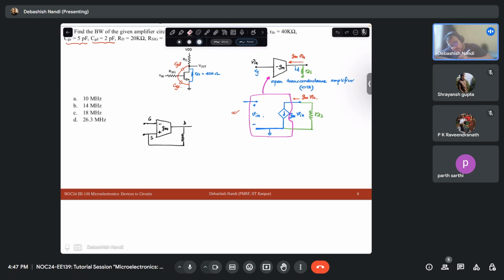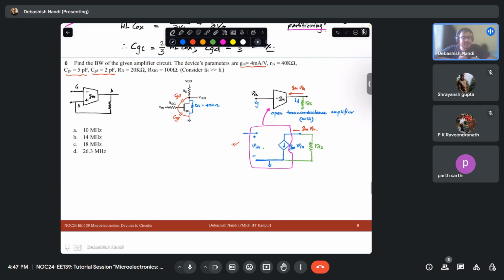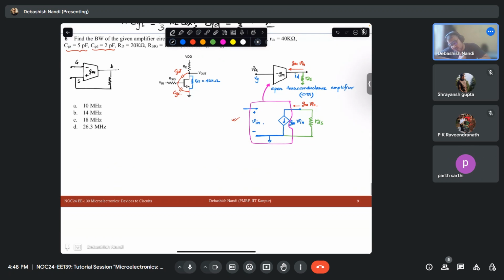Wait, just let me keep it for the record. So this is the symbol which we are going to use for our convenience. You will see why we are using this symbol.